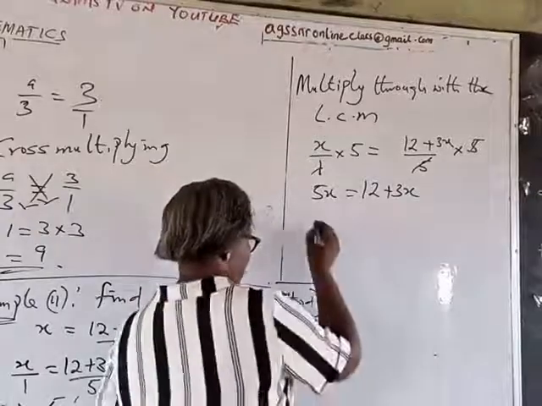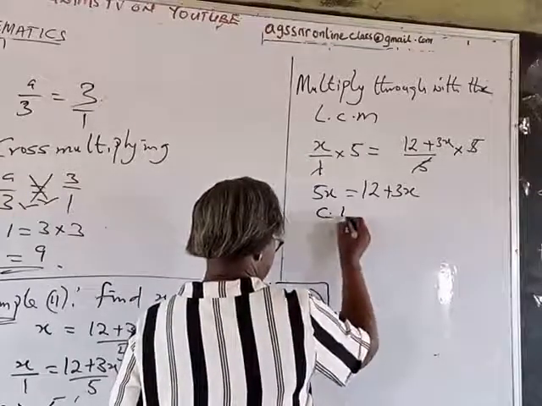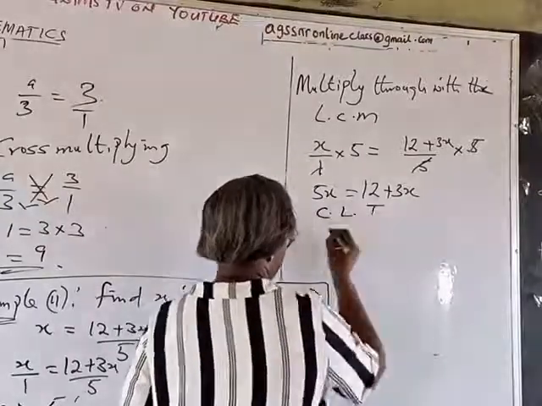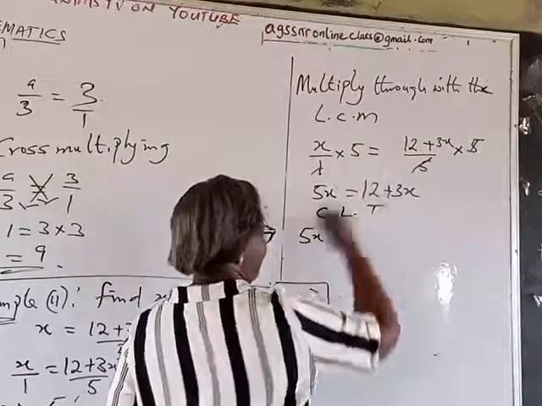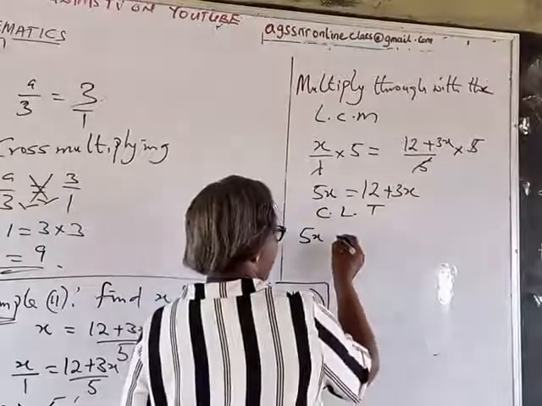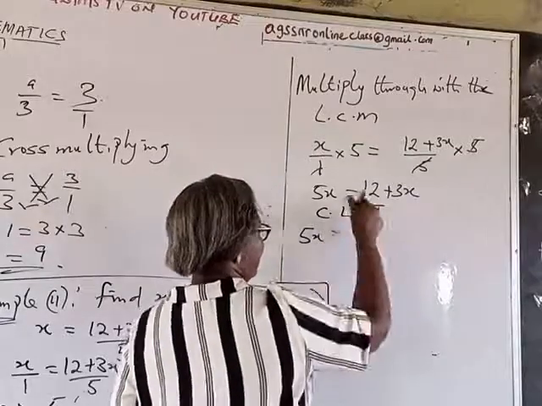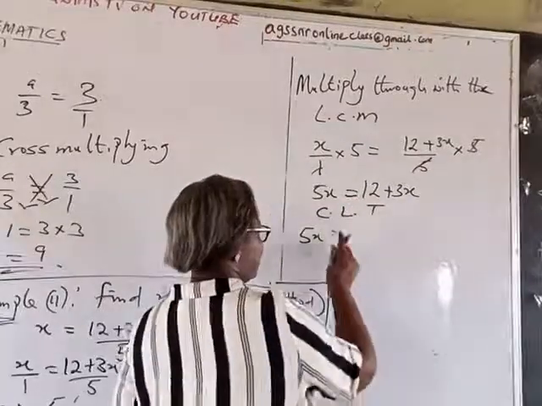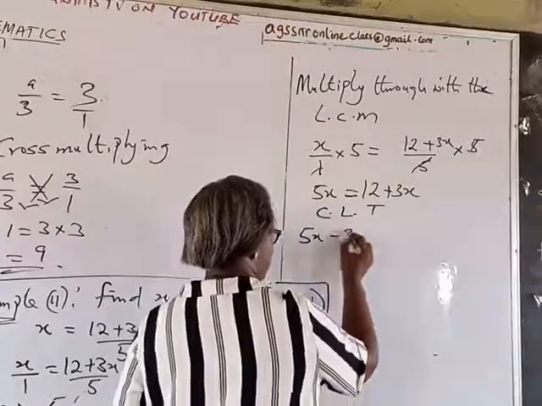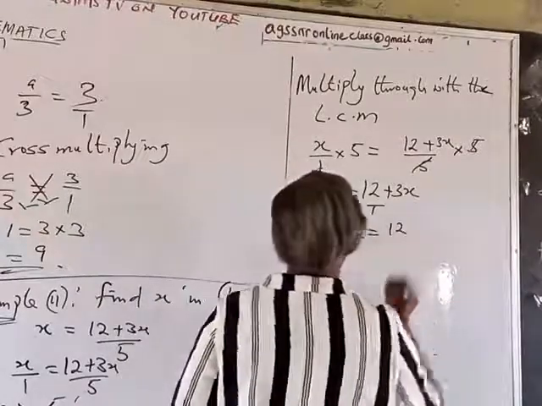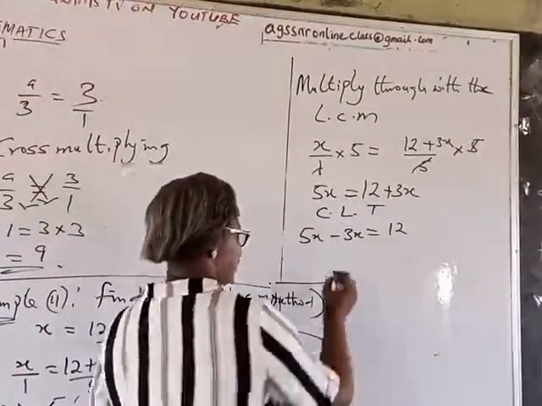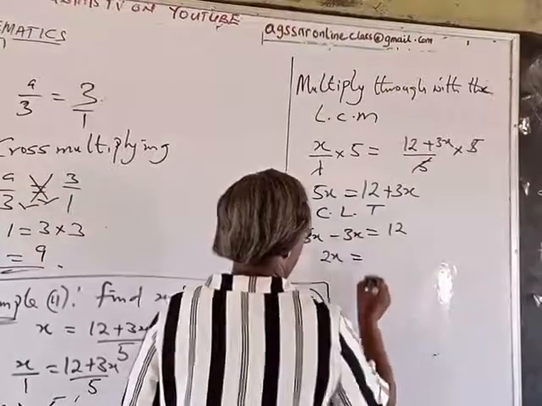And so the next thing, we collect like terms. We have 5x, bringing this to this side, when plus goes over the equality sign to the other side, we have 5x minus 3x equals 12. So 5x minus 3x, we are left with 2x equals 12.